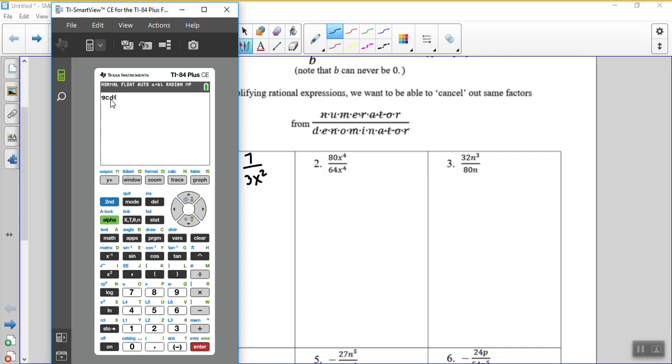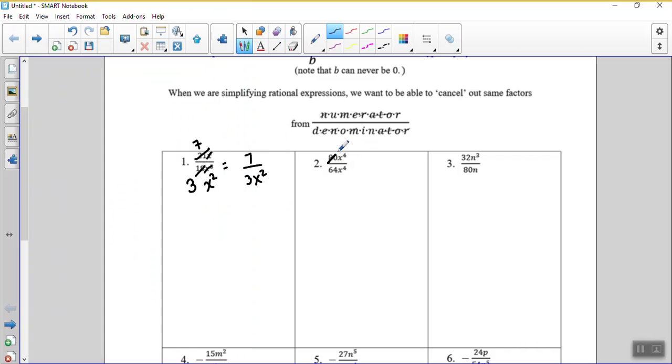If you put in those two numbers, 80 comma 64, and hit enter, it tells you that 16 goes into both of them, which means that 80 divided by 16 is 5, so I can reduce this down to 5.